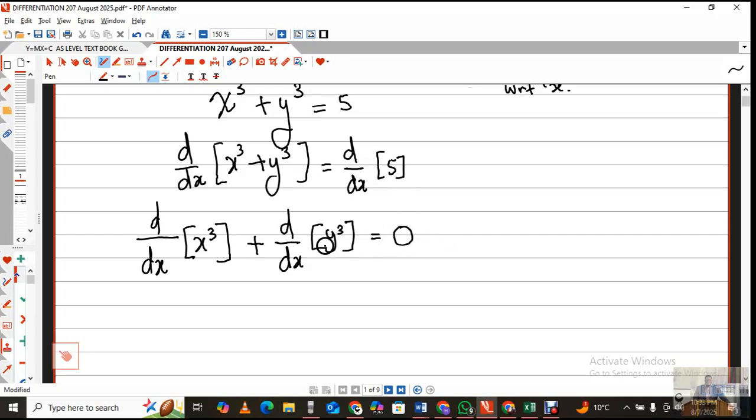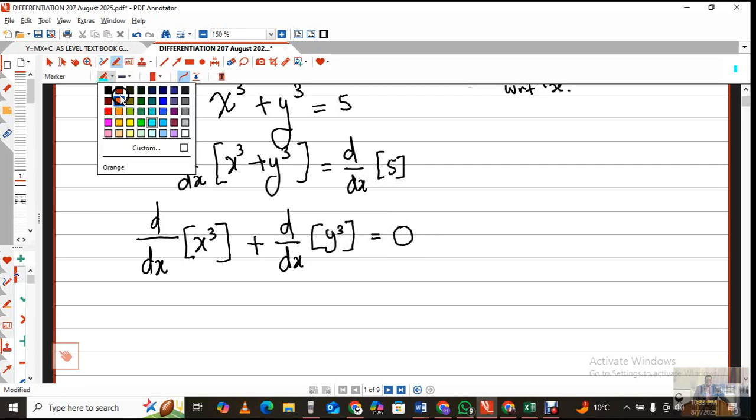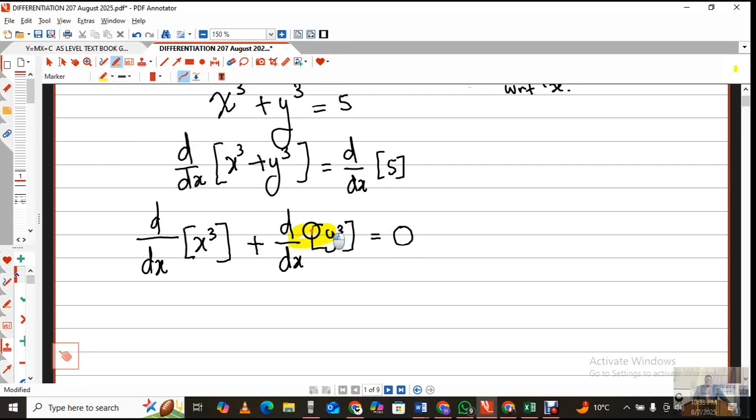So let's just talk a little bit more about what we've got going on over here. Because you can see that this is d by dx, but you have got y there. Now, let's suppose I give you an example. In this example, we just change the color.